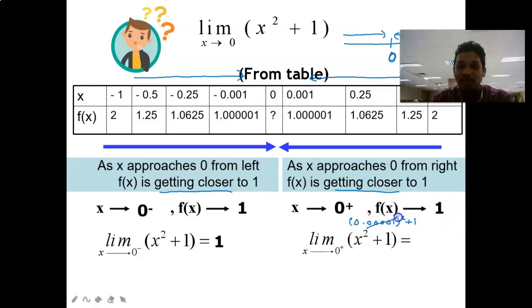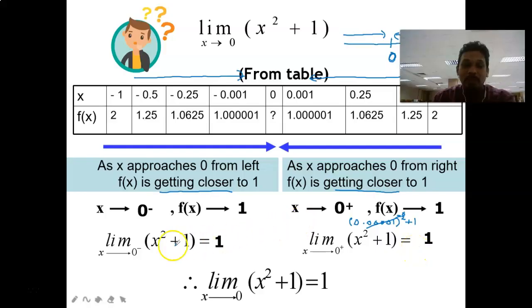So we assume that everything here equal to 0. So 0 squared plus 1 equal to 1. Okay. The limit from the left equal to 1. The limit from the right equal to 1. From left and right, they are approaching one value of y, or L, which is 1 and 1. Then the limit of x squared plus 1, when x approaches 0, is equal to 1.